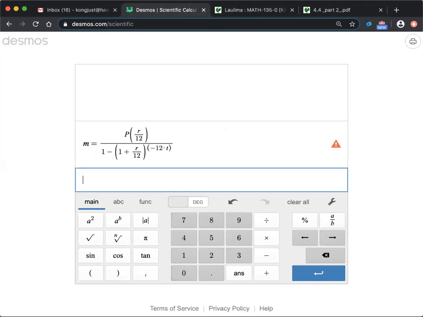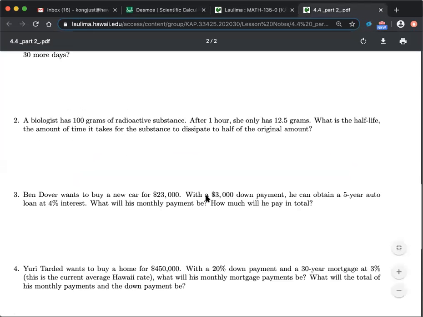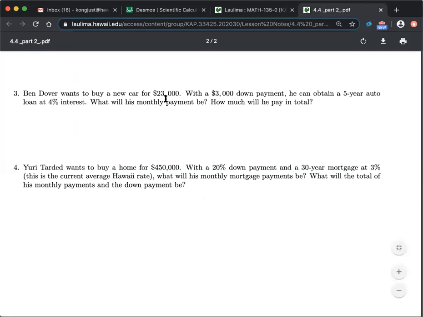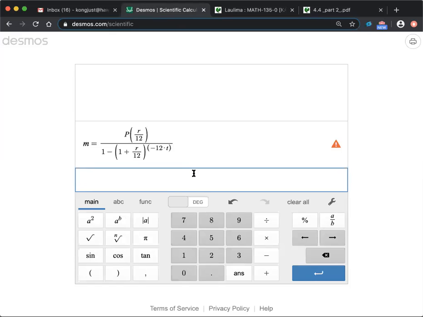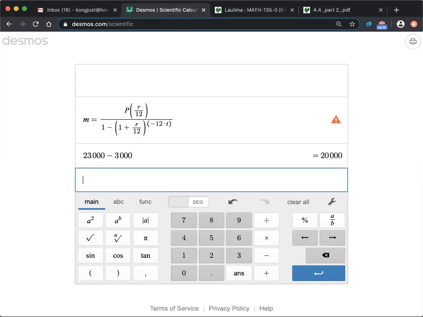Then I want to look at what my values are. He wants to buy a new car for $23,000 with a $3,000 down payment. So you take your $23,000 and he's paying $3,000 up front. That means he doesn't have to borrow the full $23,000, right? He has $3,000 himself, so he's going to borrow the remainder, the $20,000.